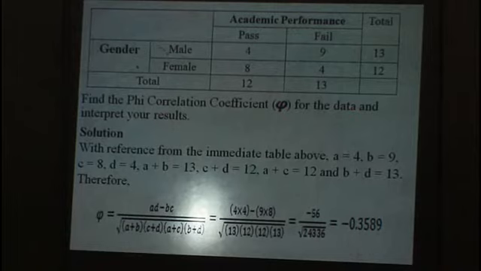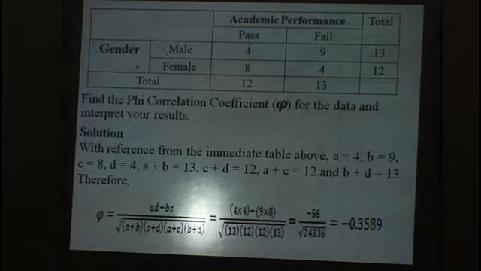So first, from the table, you can see that the number of males who passed is 4, and the number of females who passed is 8. Then the number of males who failed is 9, and the number of females who failed is 4.